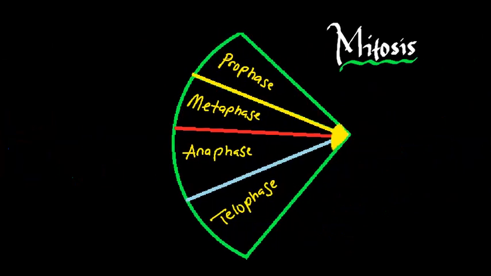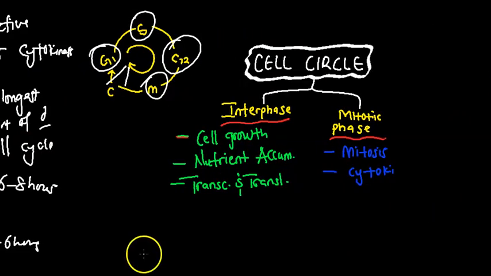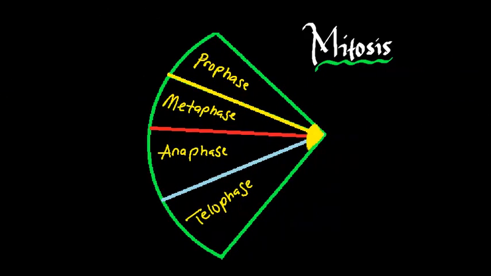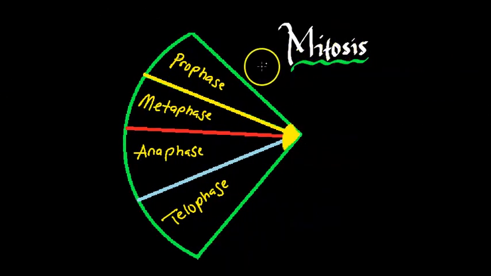In this case, let's talk about M, which stands for mitosis. Even the mitosis itself is divided into four different parts, which, using a mnemonic, I call PMAT, in which P stands for prophase, M for metaphase, then anaphase, and telophase.